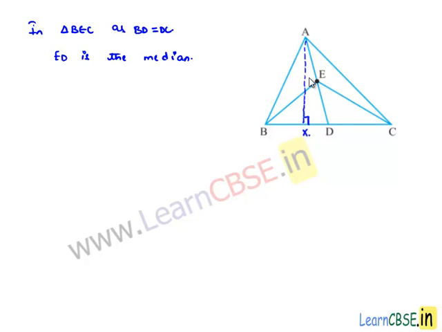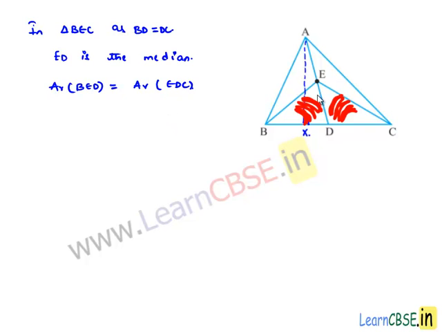In the above, we proved that a median divides the triangle area into equal halves. We can say here area of triangle BED is equal to area of triangle EDC.